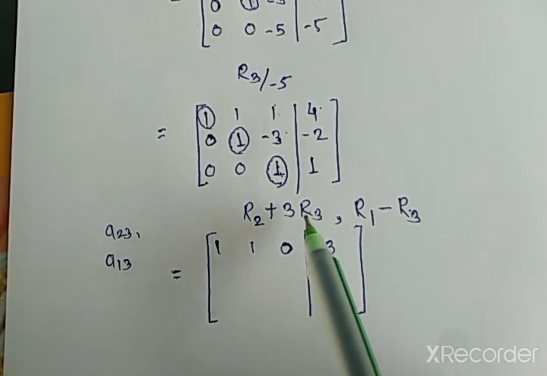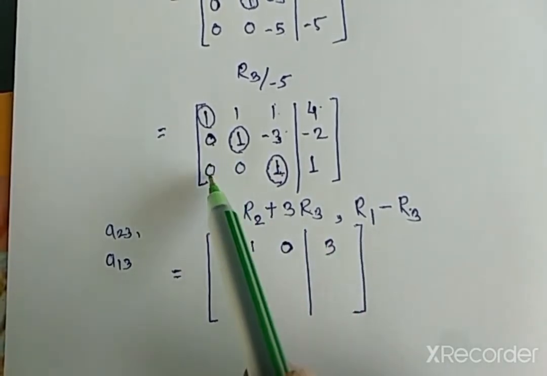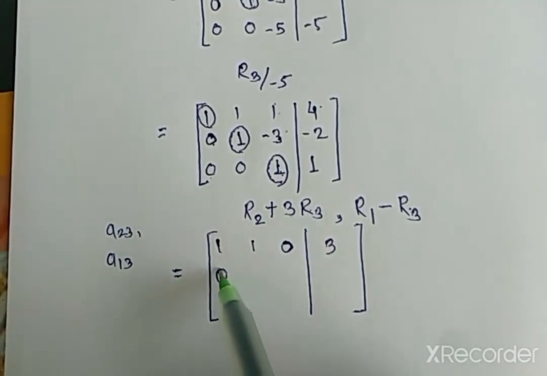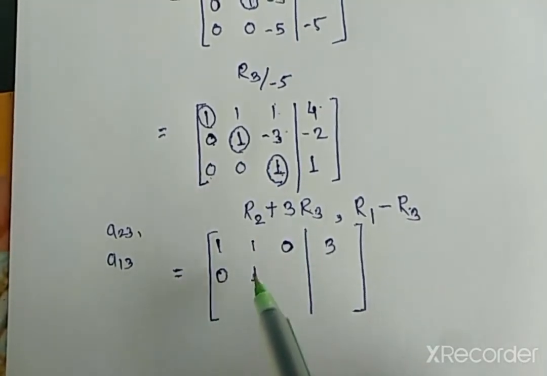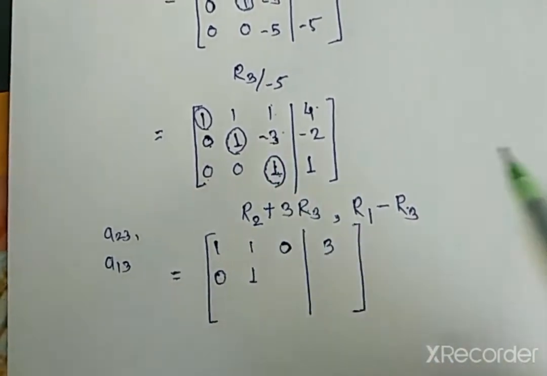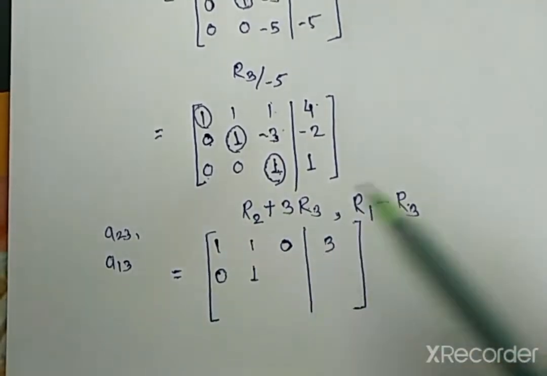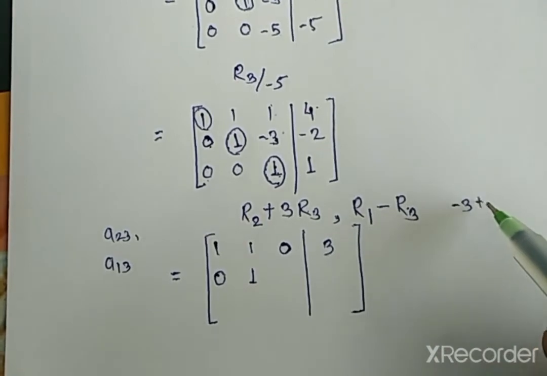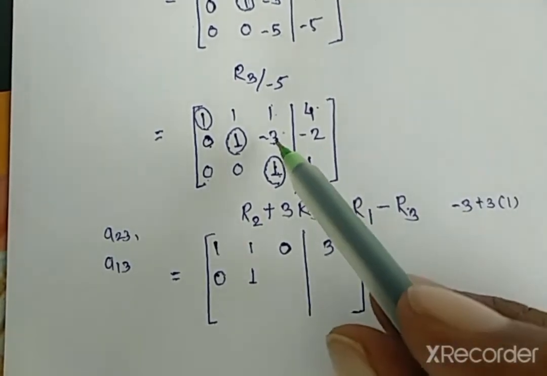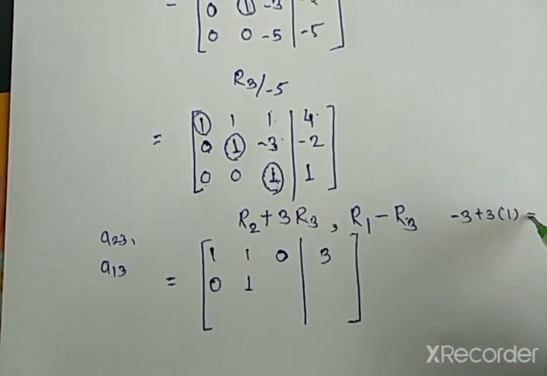Next operation is R2 plus 3R3. Here first both are 0, so it will be 0. Next, 1 minus 0 is 1. Next, minus 3 plus 3 into 1, it is 0.